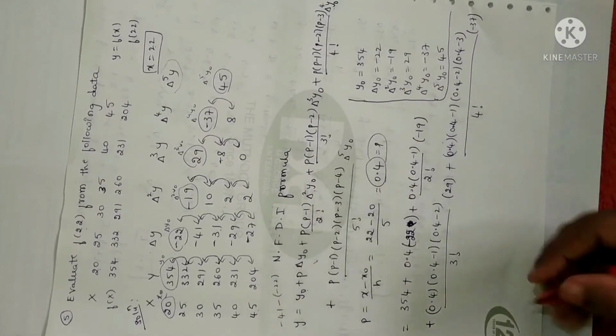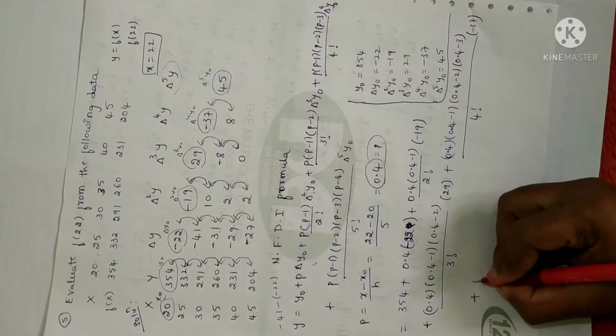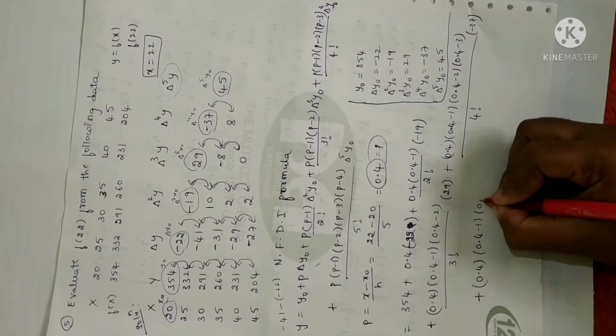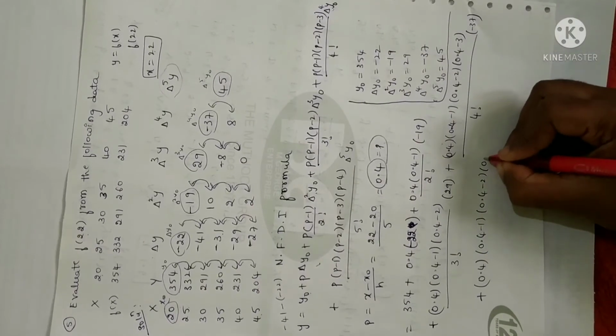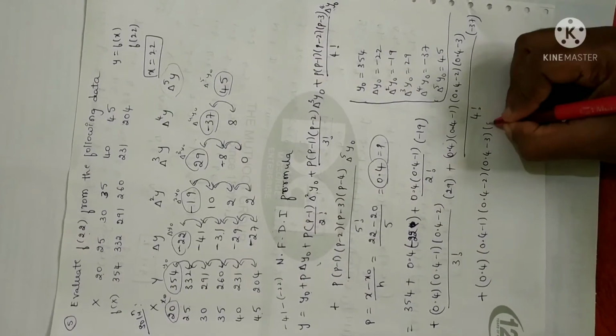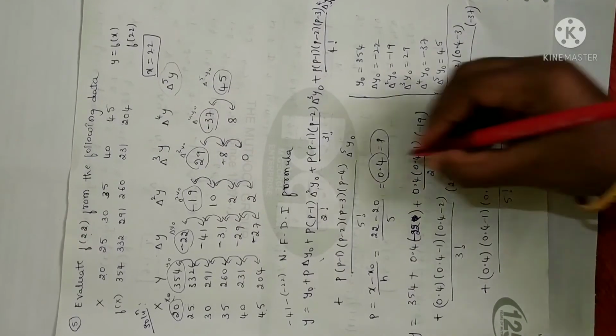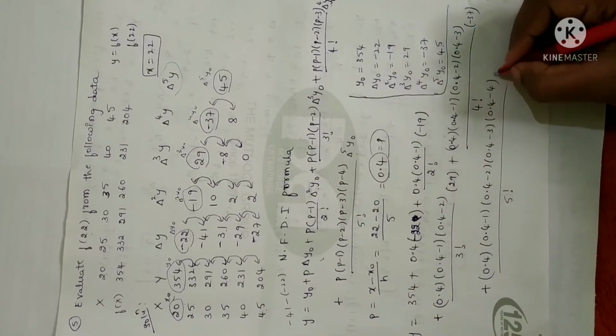Fine. Next last term plus p is 0.4 into 0.4 minus 1, 0.4 minus 2, 0.4 minus 3, 0.4 minus 4 divided by 5 factorial into delta power 5 of y, which is 45.